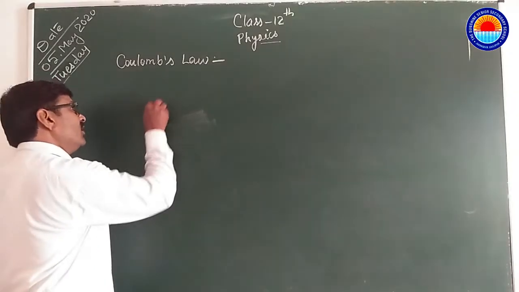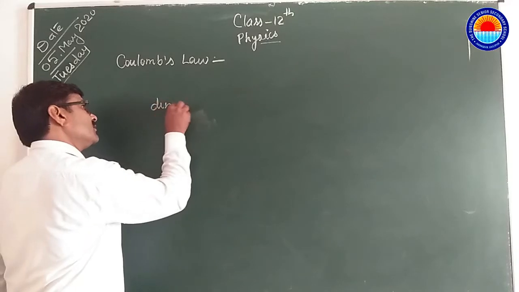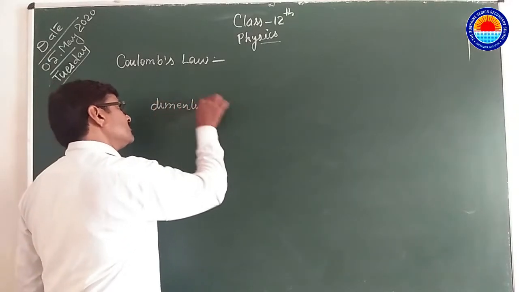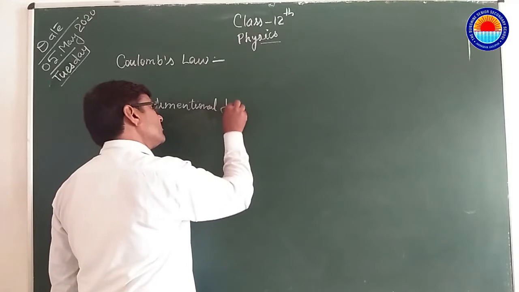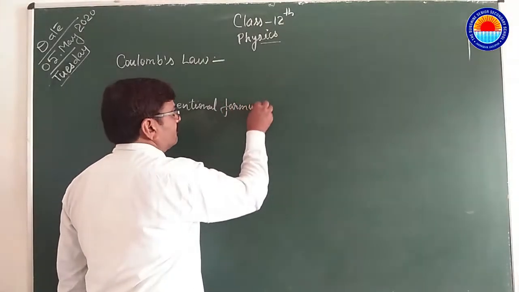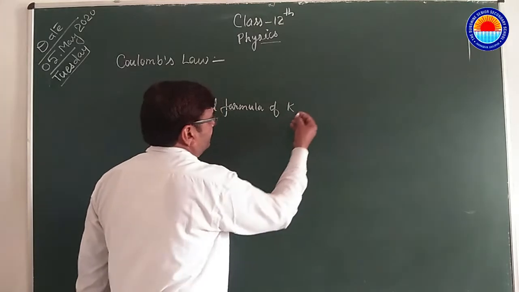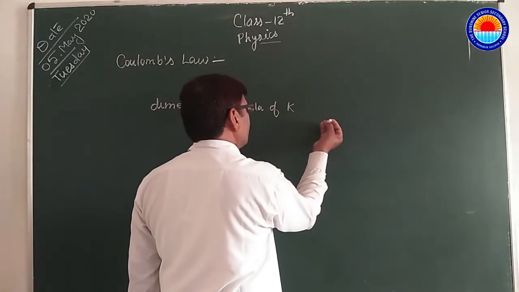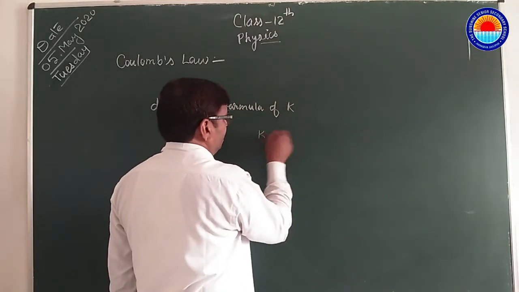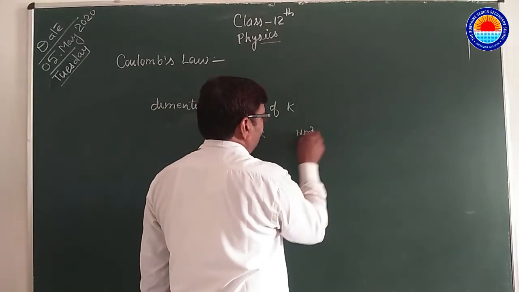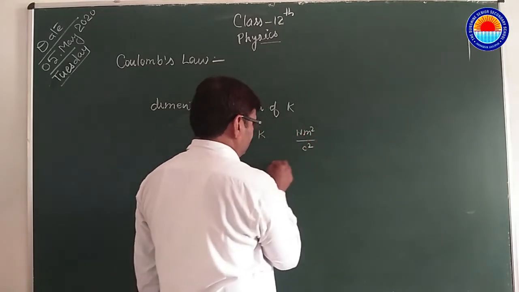Here is the dimensional formula of K. The unit of K is Newton meter square upon Coulomb square.